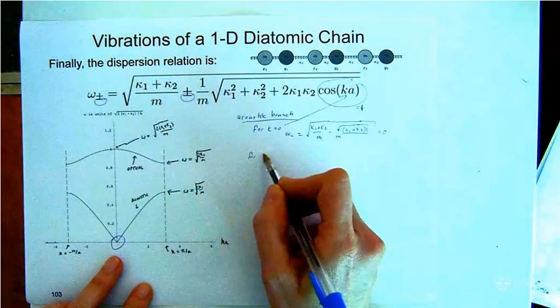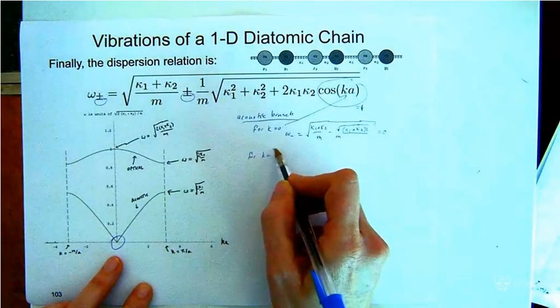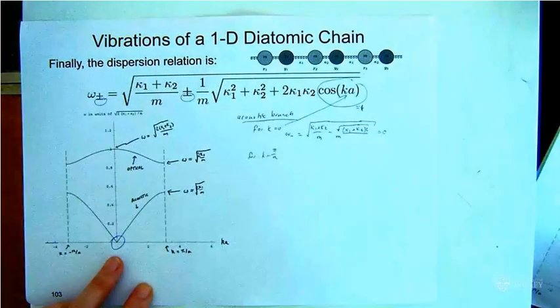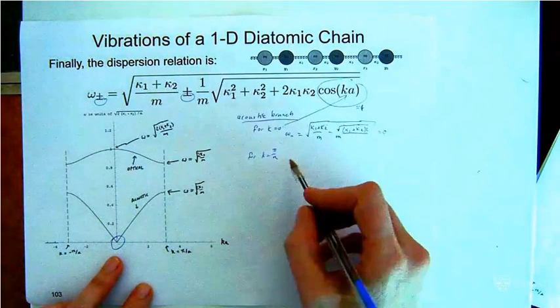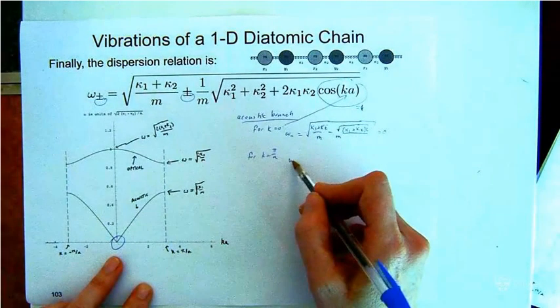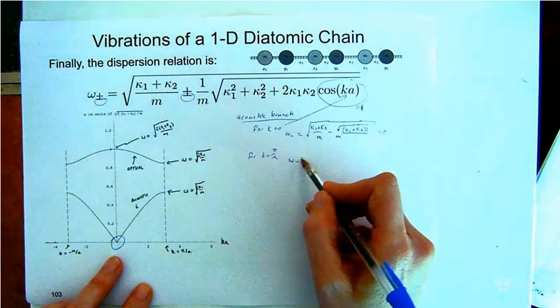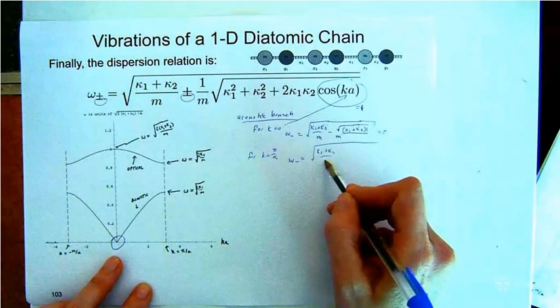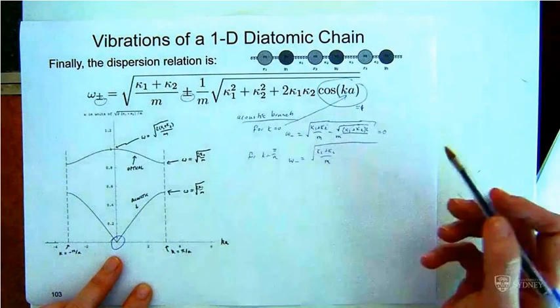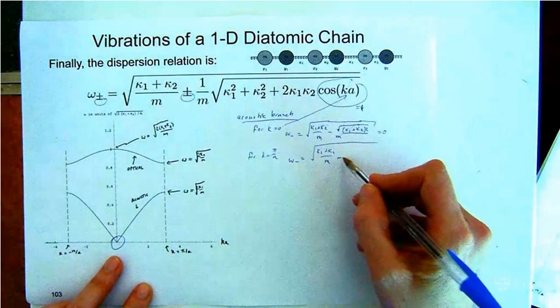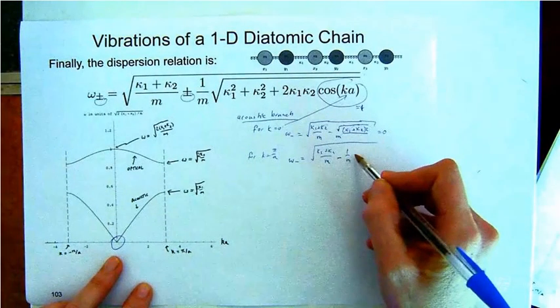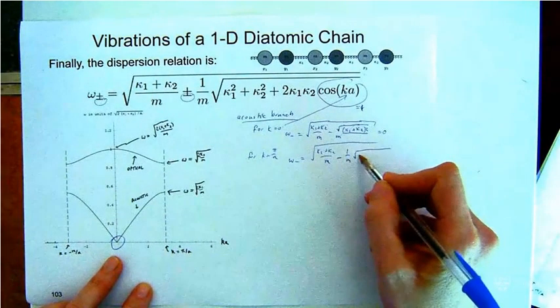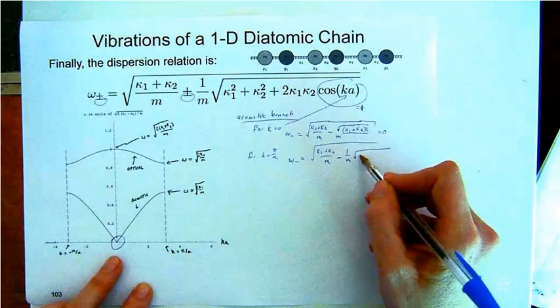Okay, so what about for k equals pi over a? We can do the same thing, again for the acoustic branch, and we get omega minus, in this case, kappa 1 plus kappa 2 on m minus 1 over m square root of kappa 1 squared plus kappa 2 squared.